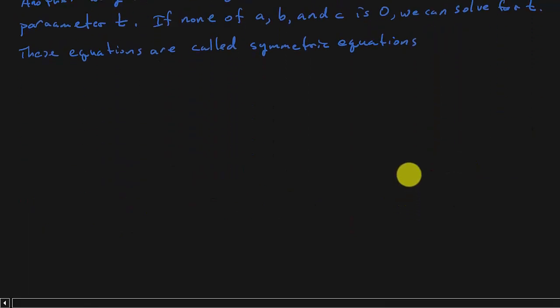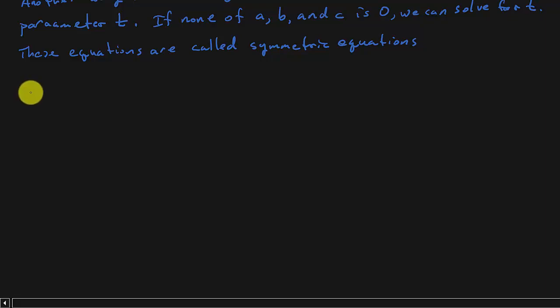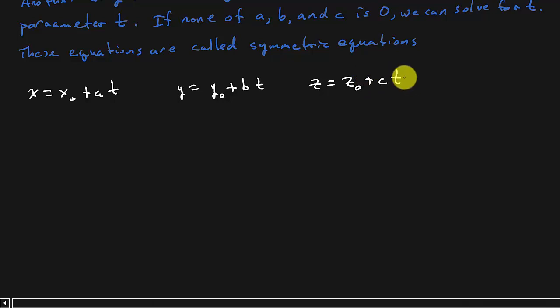Okay? So basically what's going on here is, in our parametric equations, we have x is equal to x0 plus at, y is equal to y0 plus bt, and z is equal to z0 plus ct. And so if we solve each of these for t, that's going to be x minus x0 equals at. So t is equal to (x minus x0) over a.